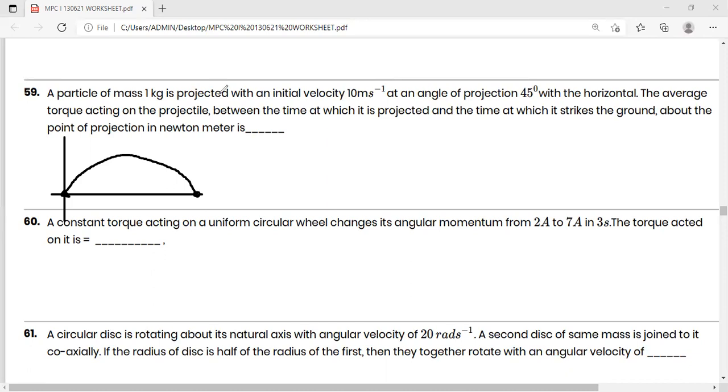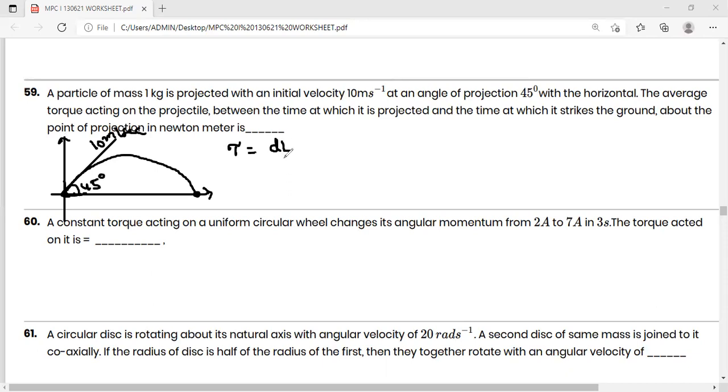And the angle was taken as 45 degrees. Generally, if the particle is projected with velocity u, then horizontal velocity will be u cos theta and vertical velocity will be u sin theta. We know that.